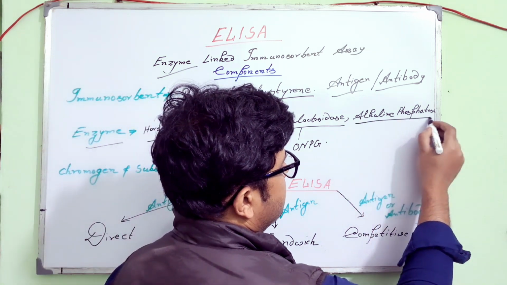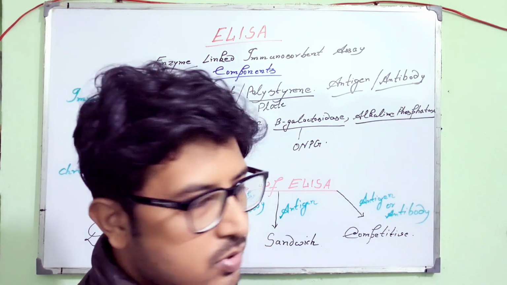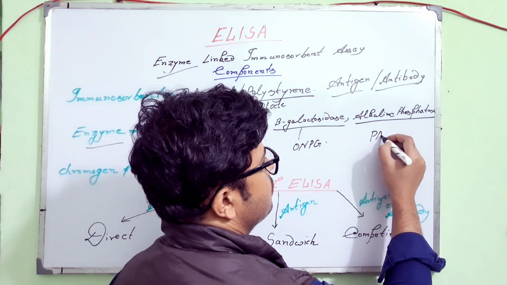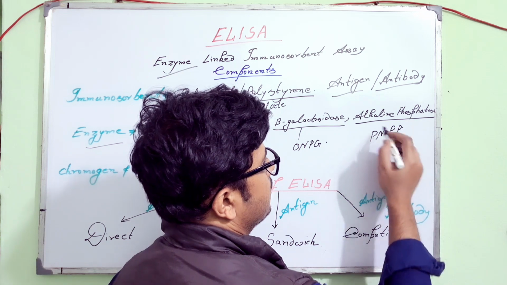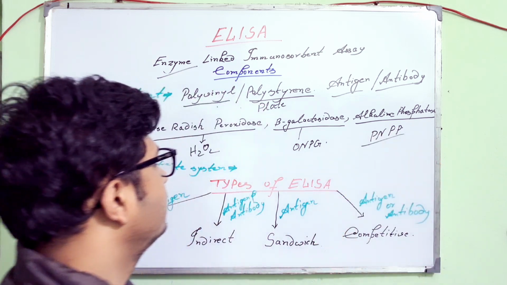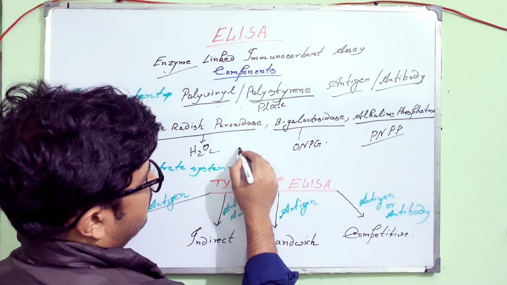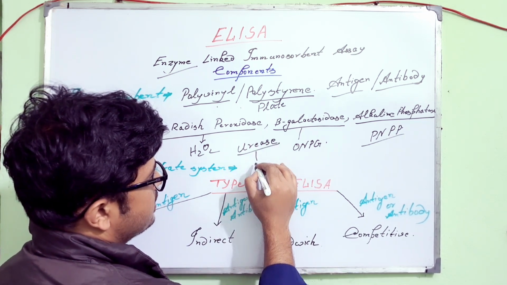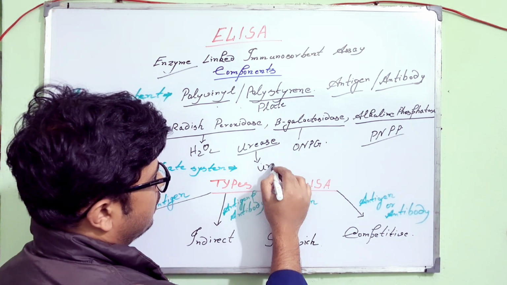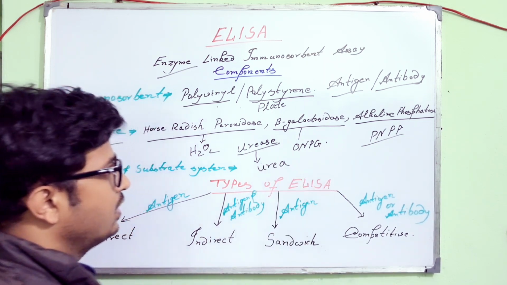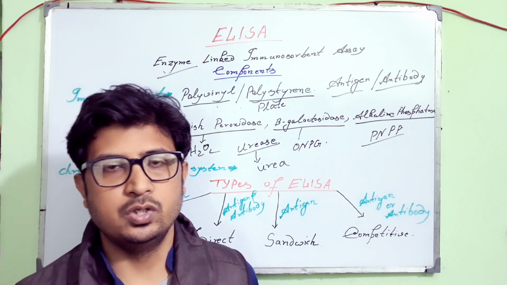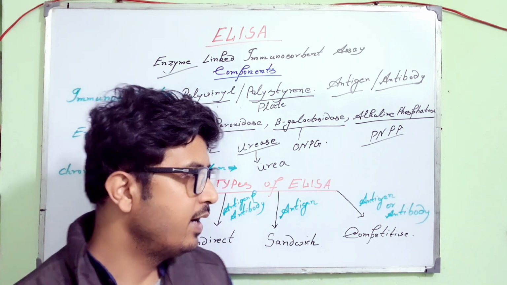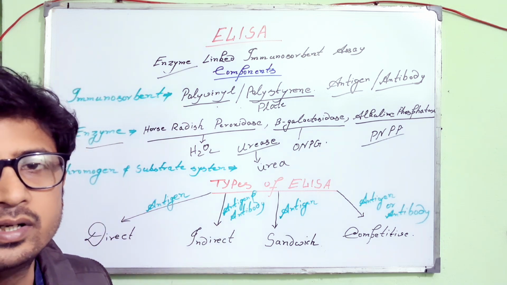Alkaline phosphatase, also a very commonly used enzyme, has the substrate para-nitrophenyl phosphate, PNPP. Another enzyme is urease, which acts upon urea. So these are a few common enzymes used in the ELISA procedure, and their substrates are different.